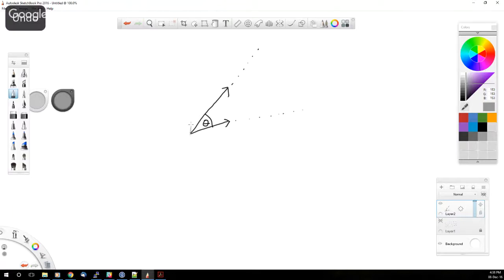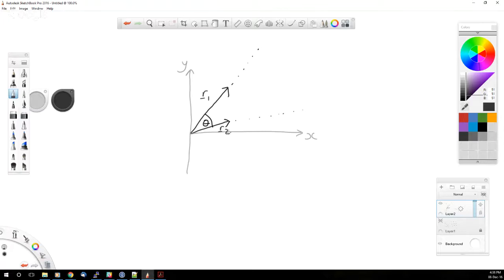Should have drawn these on first. So I've got my y and x there. And let's give these vectors names. Let's call this one R1 and this one R2. Okay, so that's theta between them.